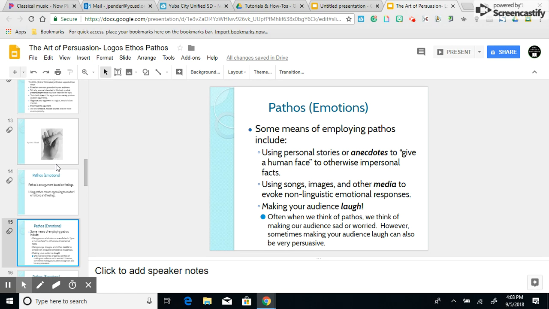You may have experienced this one in the ASPCA commercials that have a really sad song in the background, pictures of very cute puppies shivering in cages. But also making your audience laugh is a way to use pathos or emotions. Usually when we think of pathos, we think of making our audience feel guilty or sad. But sometimes making your audience laugh can also be very persuasive.